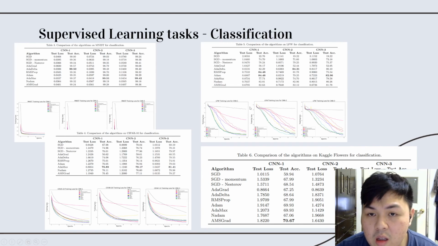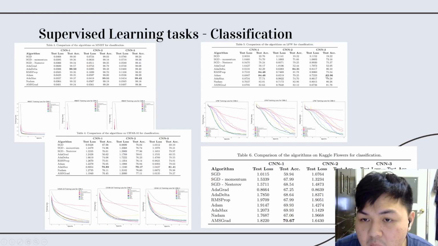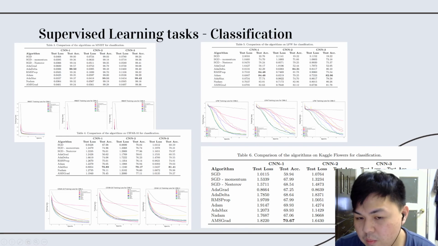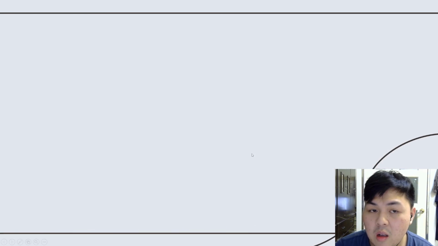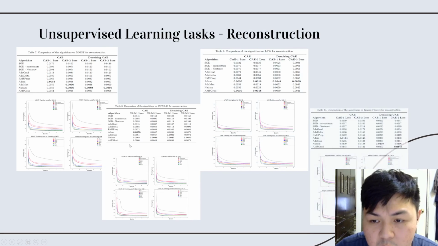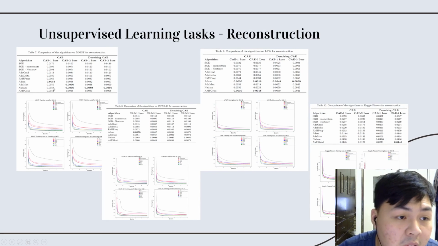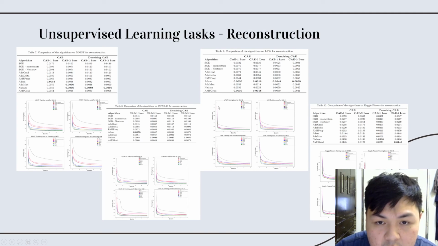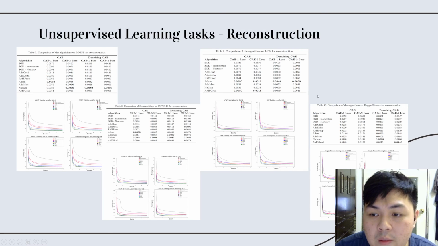Then for the LFW we have Adam and RMSprop, and for the Kaggle flowers we have Adam also. This is for the classification. For the reconstruction, the loss percentage, as we've seen from here, Adam has the least loss percentage in the tests on all the datasets: MNIST, CIFAR-10, LFW, and Kaggle flowers.